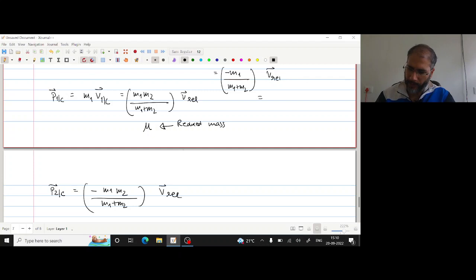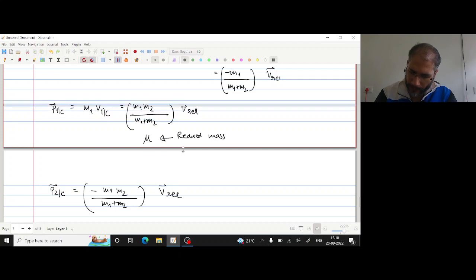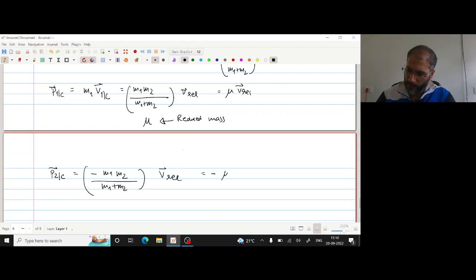So this basically becomes mu times V rel. So P2C is minus the reduced mass of the system times V relative.